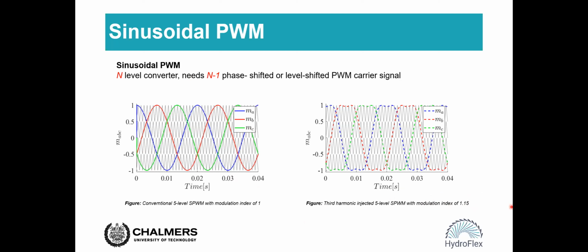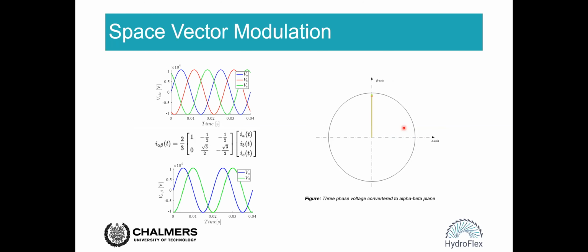However, to obtain multiple PWM carriers with specific amplitude shift or phase shift is quite hard with a regular microcontroller unit. Therefore, we prefer to use space vector modulation. Okay, what is space vector modulation?